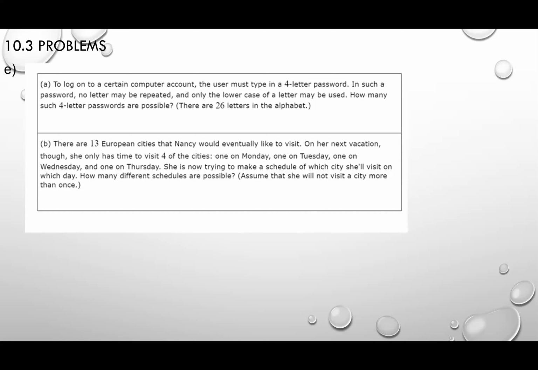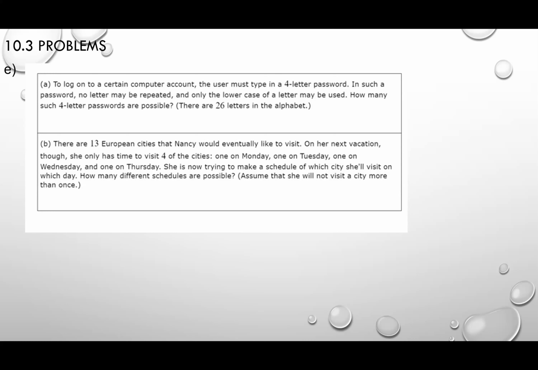Permutation? Why? Because it can't be repeated. Well, both of them cannot be repeated. But why is this permutation and not combination? Because the order matters.